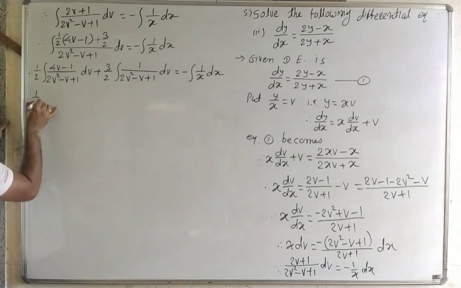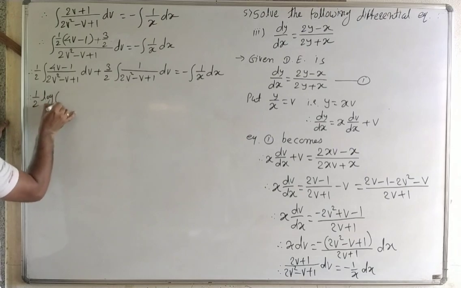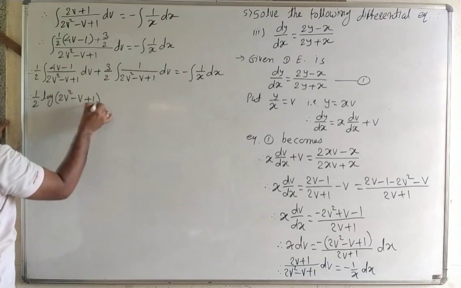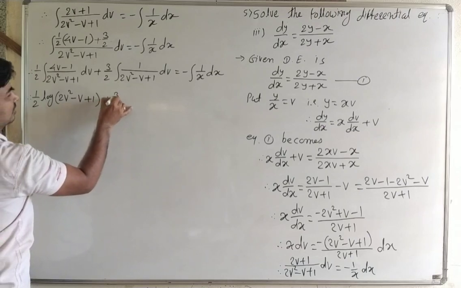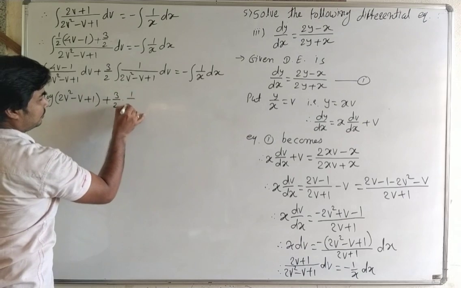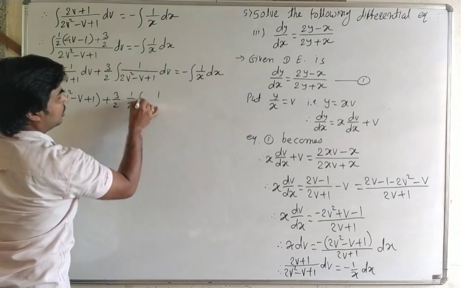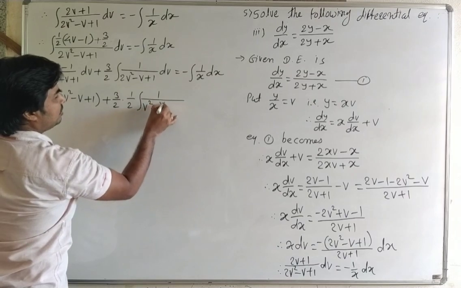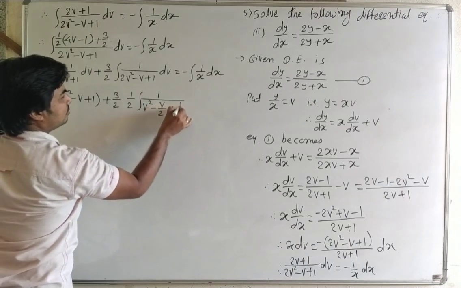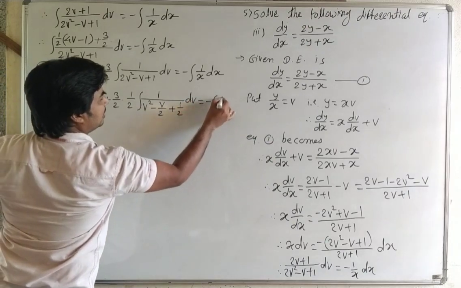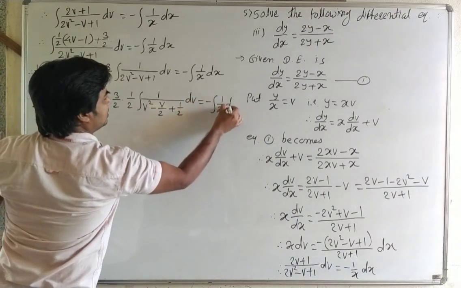It is 1 by 2 into log of 2v square minus v plus 1 plus 3 by 2 into, we take 1 by 2 common, 1 upon v square minus v by 2 plus 1 by 2 dv, and it is equal to minus integral of 1 by x dx as it is.